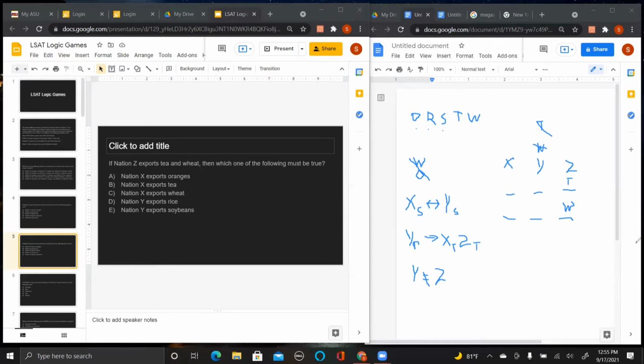Oh, yes, okay. Blatantly obvious. So soybeans has to go in one of these two, right? So if it goes in X, it has to go in Y. If it goes in Y, it has to go in X. So no matter what we do, S is going to be in both, right? Because of this rule right here. So nation Y exports soybeans. That has to be the case.